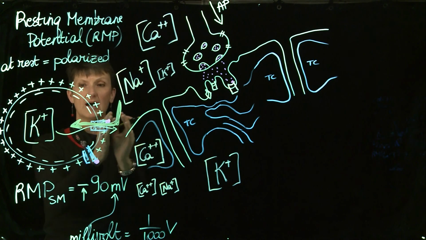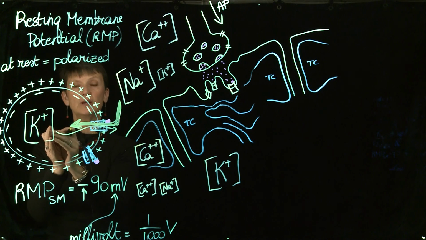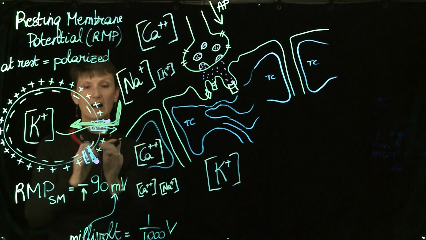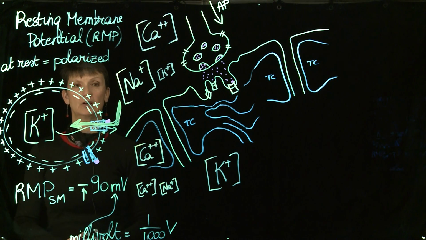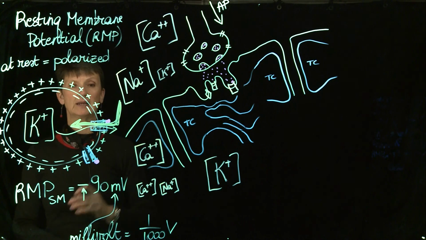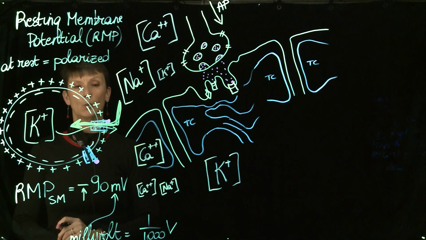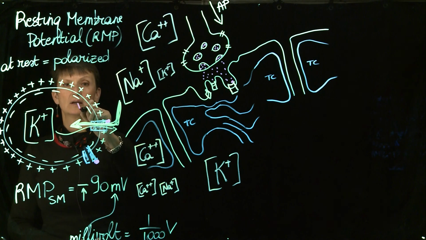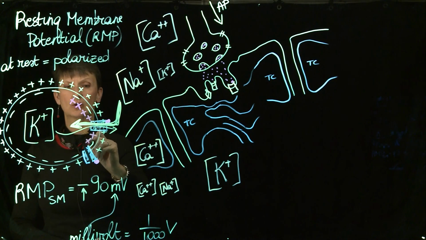If more positive particles move in than move out, what happens to our distribution of charges? Well, eventually, what we're going to see happening is that around the areas where there are receptors with acetylcholine binding, a reversal in the polarity starts to occur.